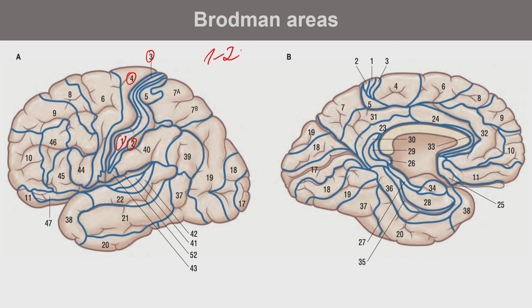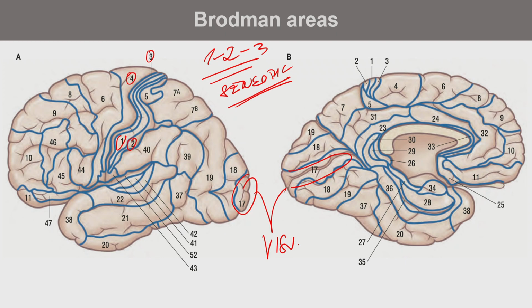1, 2, 3 is the somatosensoric area. Then it's important 17. It's visual. Then 44, partially 45, mainly 44, motor speech center.